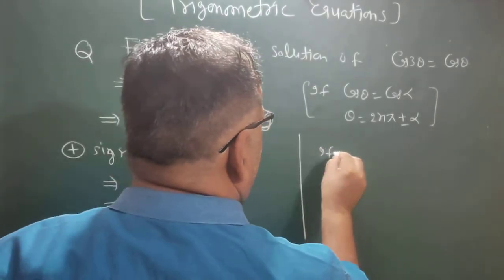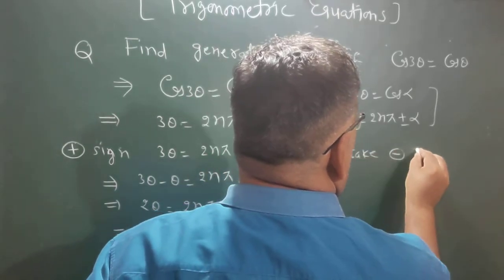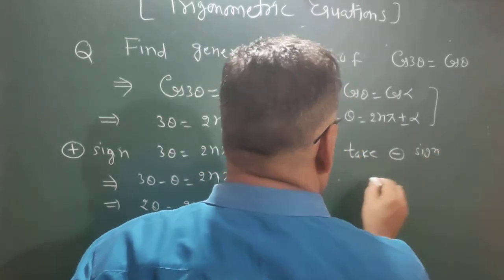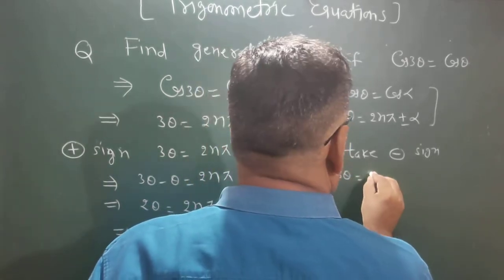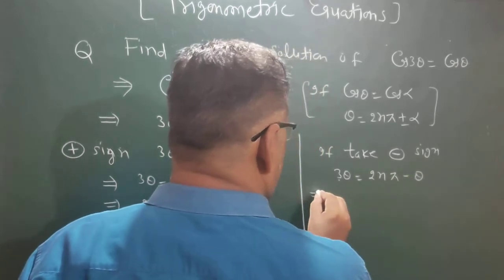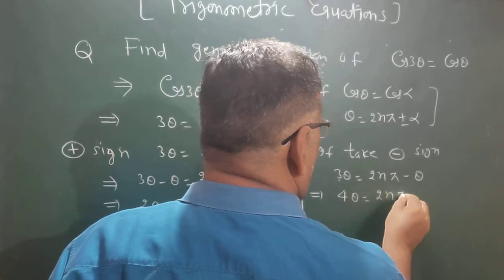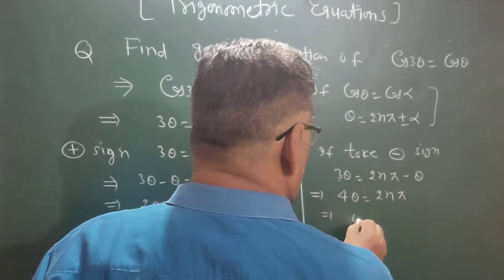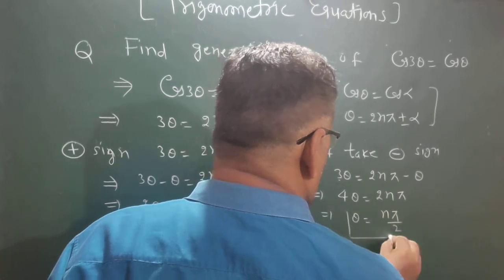If we take the minus sign, then 3 theta equal to 2 n pi minus theta. After transferring, we have 4 theta equal to 2 n pi. So theta equal to n pi upon 2.